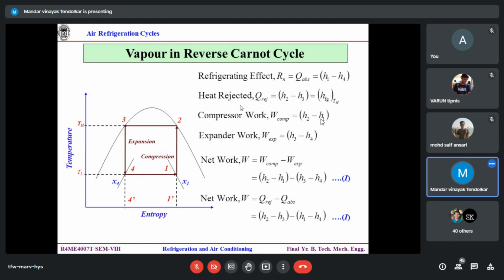Then the compressor work is H2 minus H1, and the expander work, using a turbine or any kind of device, would be H3 minus H4. So net work is the compressor work minus the expander work, or similarly the difference between the heat rejected and heat absorbed. They are one and the same. If you change the sign suitably, you will get the same expression. Okay.